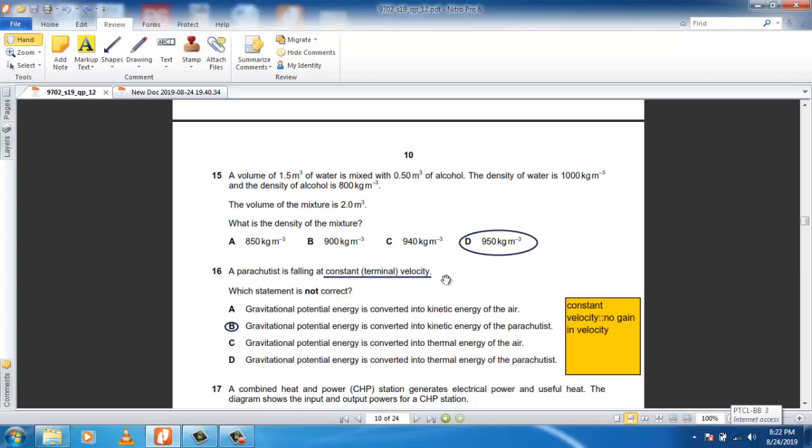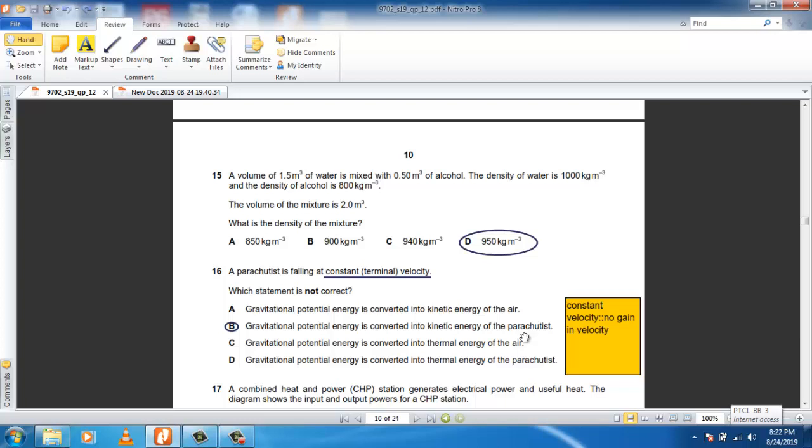So this means that the velocity is constant and there is no gain in velocity. Okay, it's constant, it remains the same. So it says that gravitational potential energy is converted into kinetic energy of the parachutist. No, there is no increase in energy. The velocity is the same, it's constant velocity.